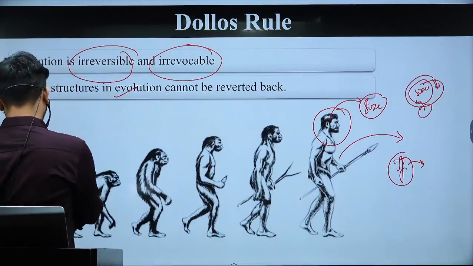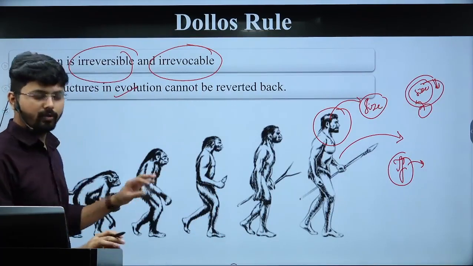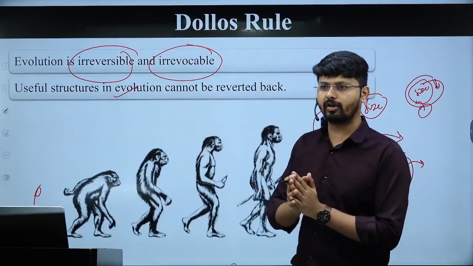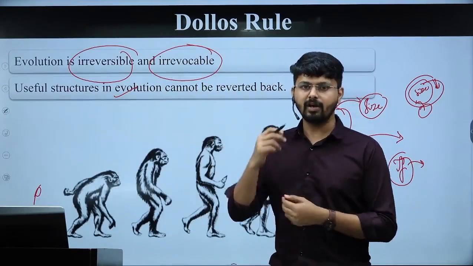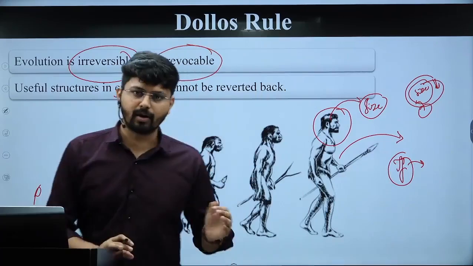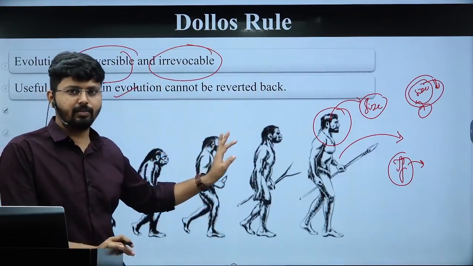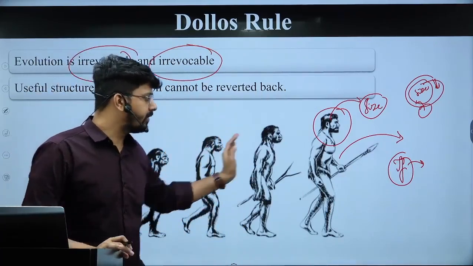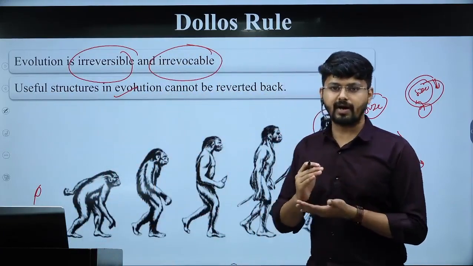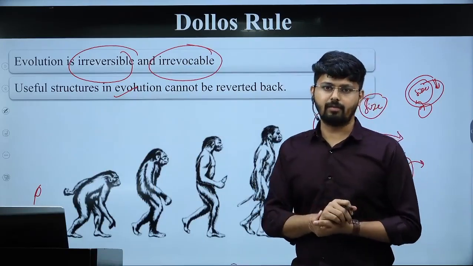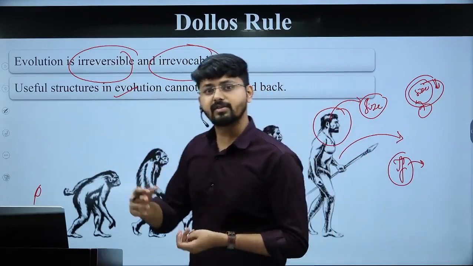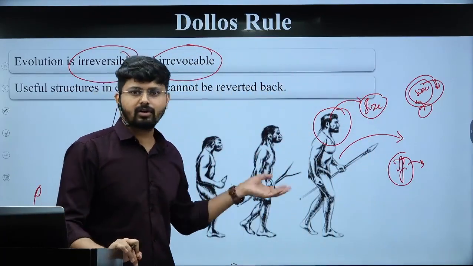When you observe the divergence from the New World monkeys, man's ancestors had a tail, but in the next generation the tail disappeared. Now there would be no chance in man's line to develop the tail again, but another species can develop the tail, so he is not denying that.